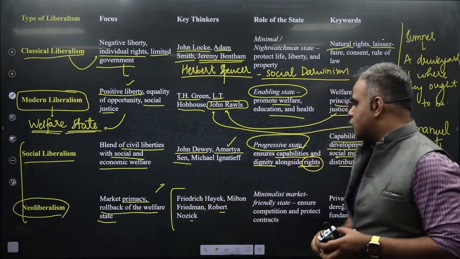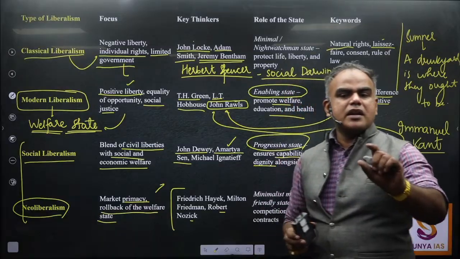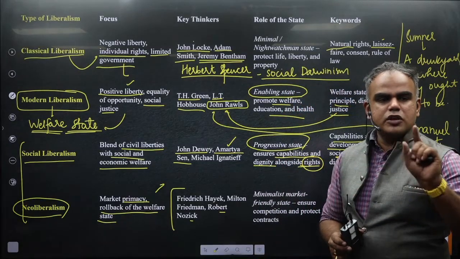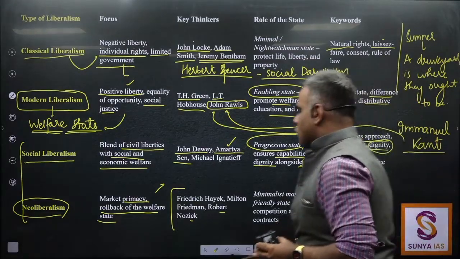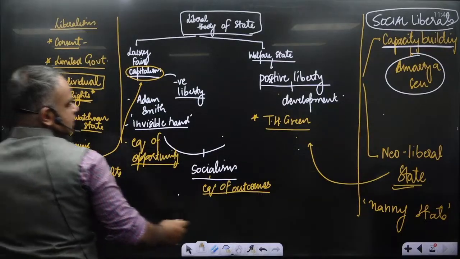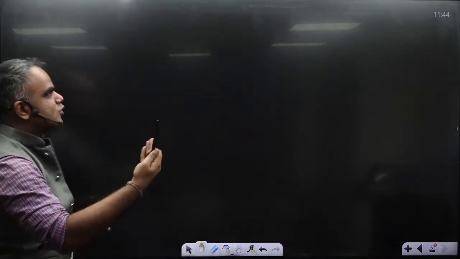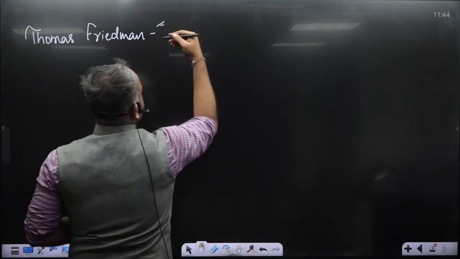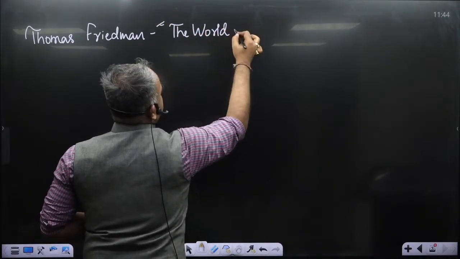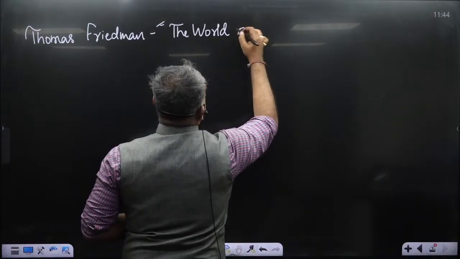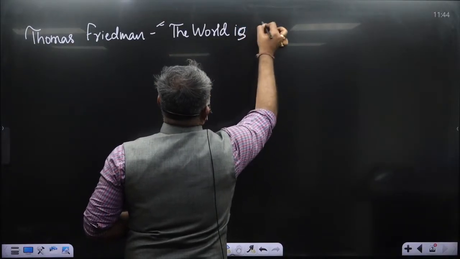Just one point I'll tell you. In yesterday's class, while writing about sovereignty and state, we spoke about Thomas Friedman. So there are two different people. Just for your reference, I'm mentioning it. In fact, even in the previous class, I also got confused. So please remember, you have Thomas Friedman, whom we wrote about in class. Thomas Friedman wrote one of the famous books, and he has also written a lot of articles and is a winner of the Pulitzer Prize, etc. The book is The World Is Flat.